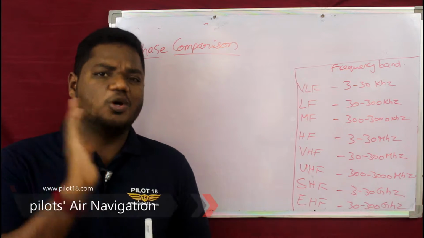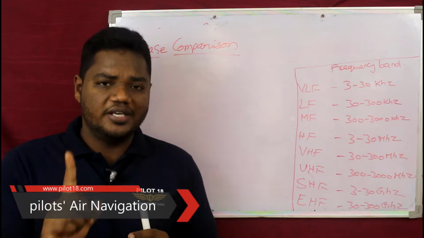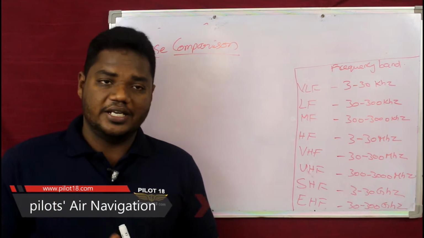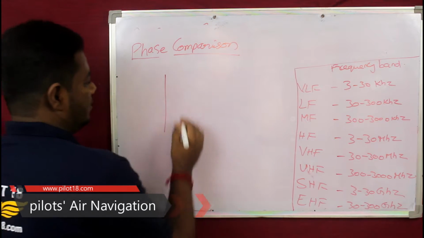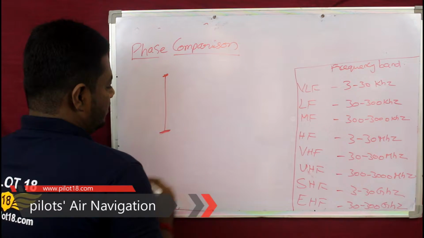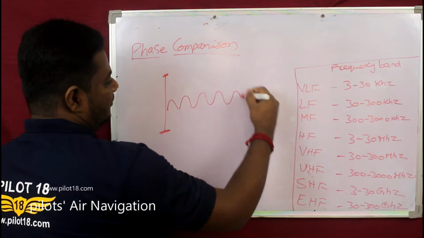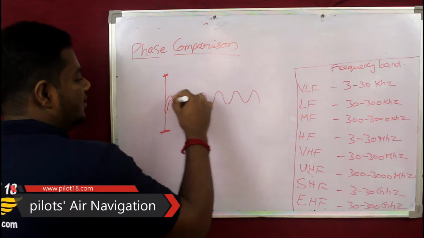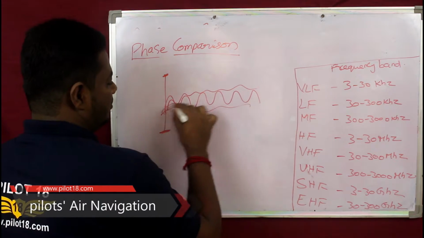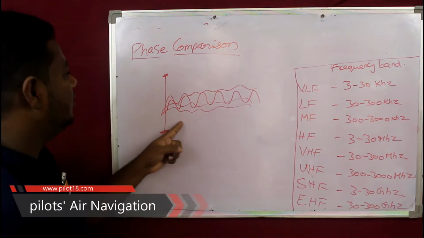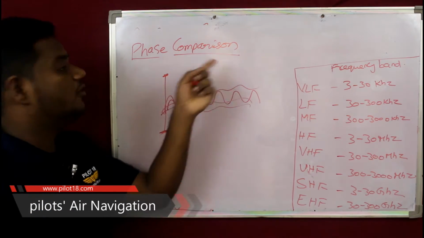Not only one radio wave is coming out of an antenna. From one antenna there are multiple waves coming out, and they all work with the principle of phase comparison.